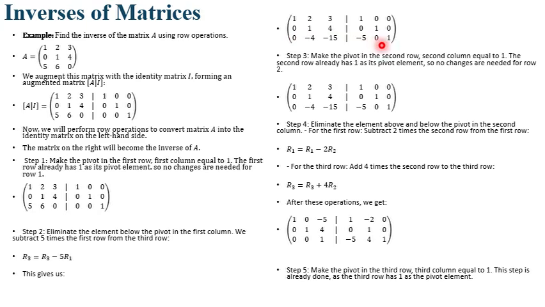Each of the elements in the row will have to change as you perform the row operation on it. So now 5 times 2 will give you 10. So 6 minus 10 will give you minus 4, and that's what we've got here. So 5 times 3, that is 15. So 0 minus 15 will give you minus 15. That is what we've got here.